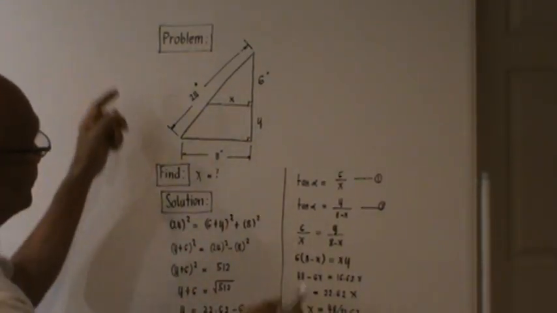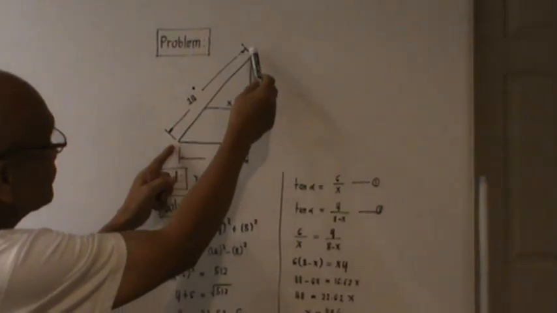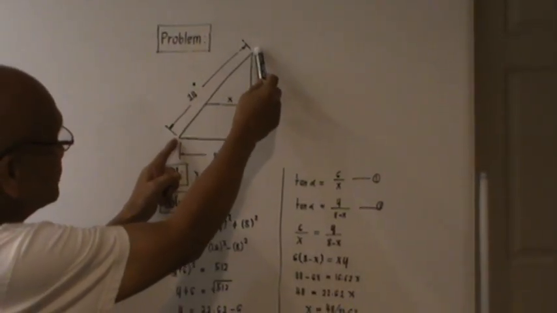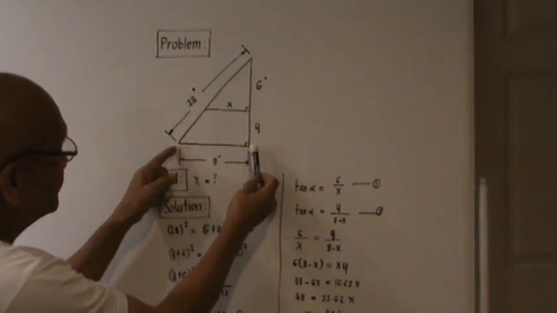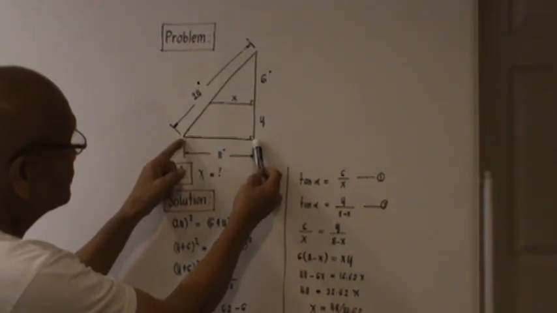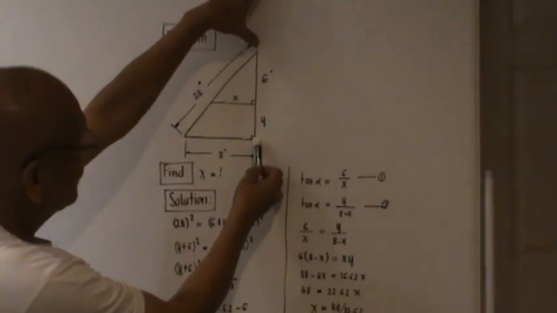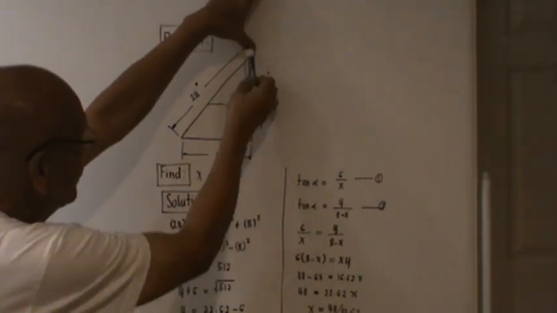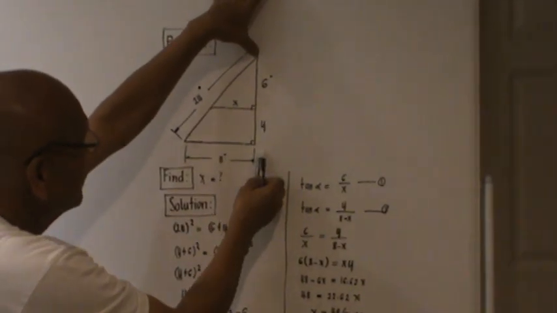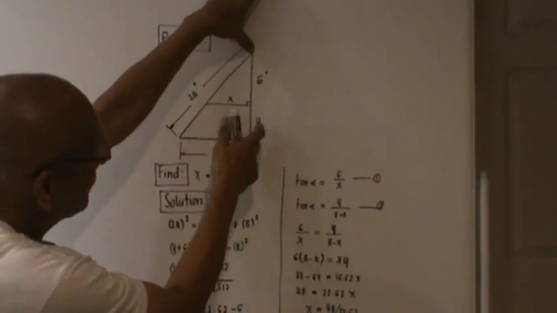The hypotenuse is 24 inches. The base is 8 inches. The vertical height, this one here. What is just given is this height here.